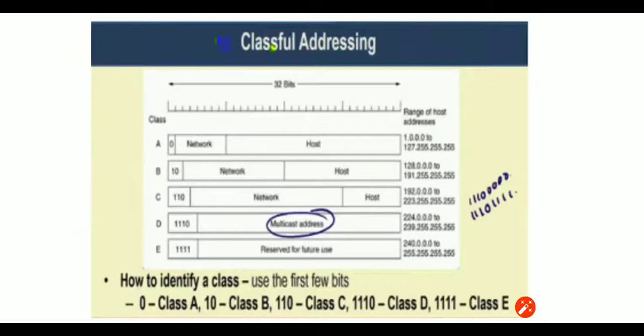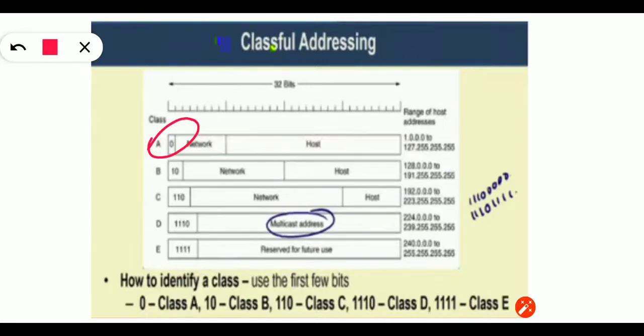For that, in classful addressing, we use the first few bits to identify a particular class. If your first bit is 0, then it is a class A address.